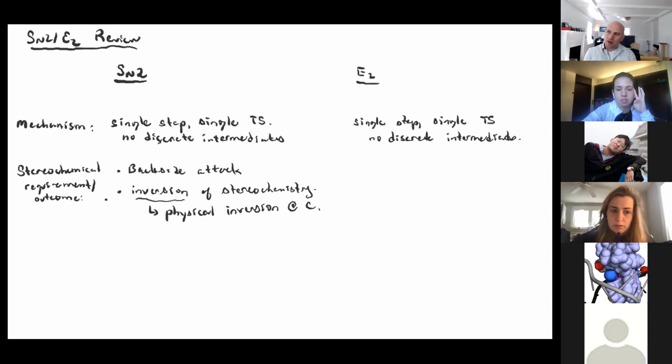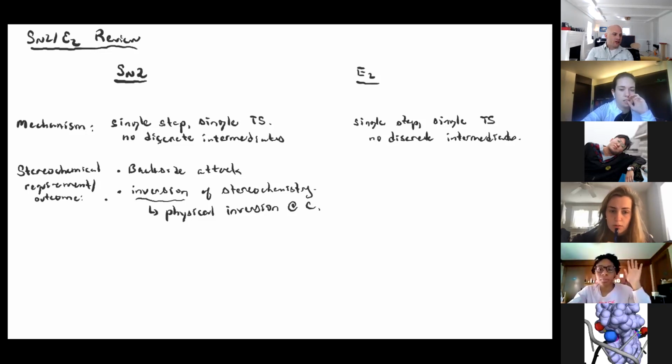Yeah. So you eliminate a beta hydrogen. The C-C bond becomes a double bond. But what about the orientation of the hydrogen you're eliminating and the leaving group? They're anti? Yeah, anti-periplanar, right?